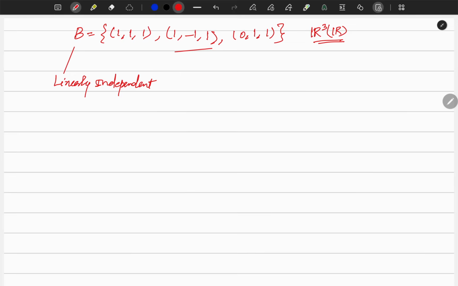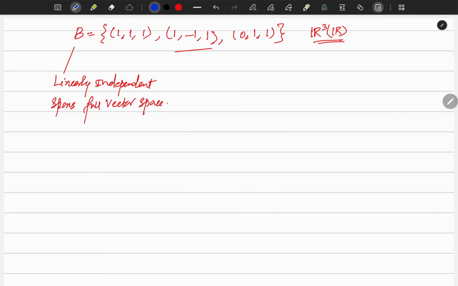This is the first condition. And the second condition is that it spans the full vector space, meaning that every vector of the vector space can be written as a linear combination of these vectors.